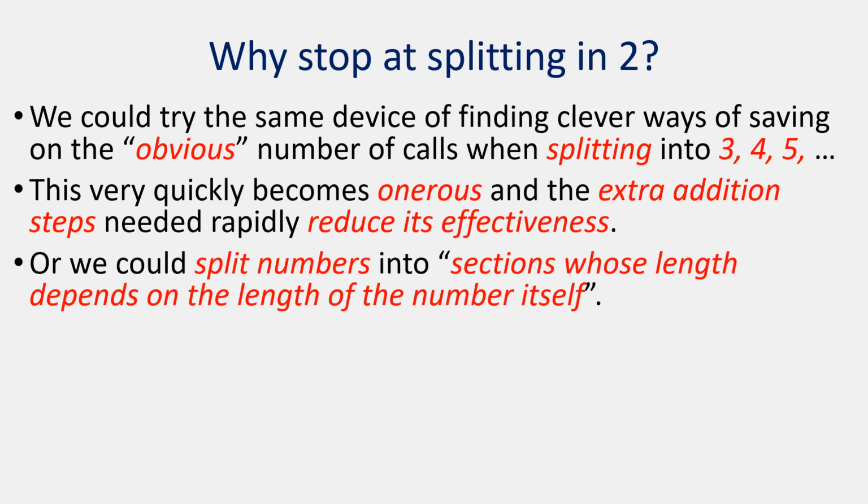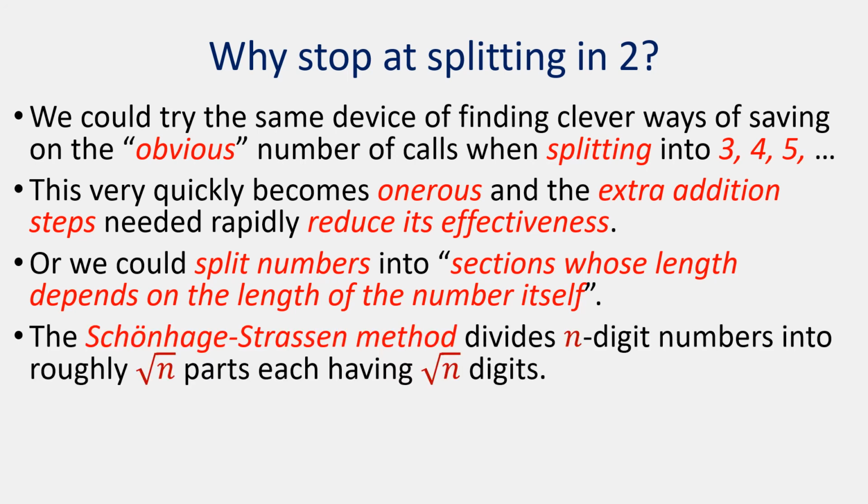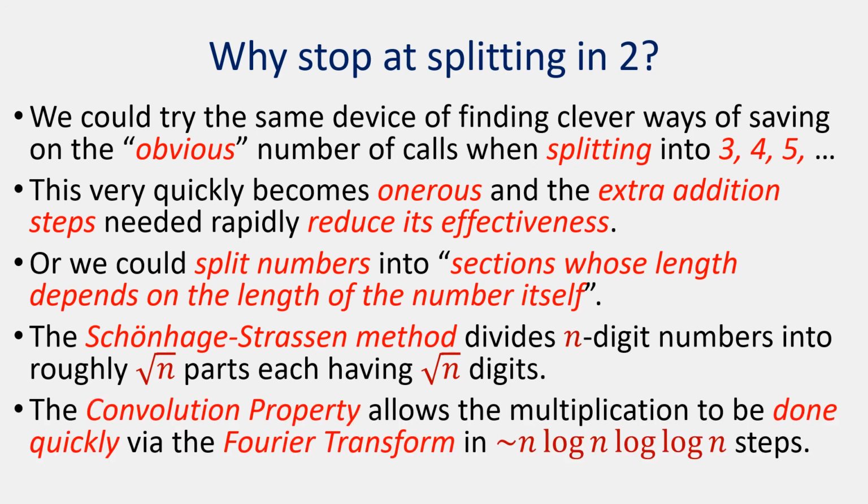The other approach we could take is to take our initial numbers and divide them up into sections whose length depends on the number itself. And this is what the Schönhage-Strassen algorithm does. It takes our n-digit number and divides it up into roughly the square root of n sections, each of those sections having the square root of n digits.